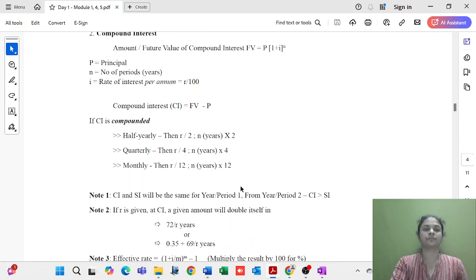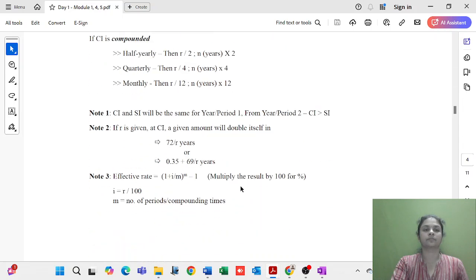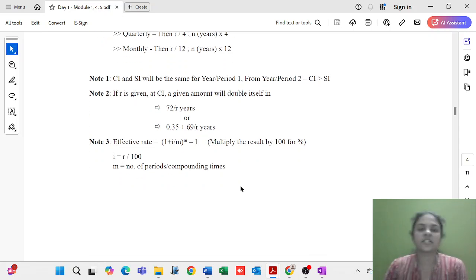Shall I scroll down? Clear? So clear with simple interest and compound interest concept.